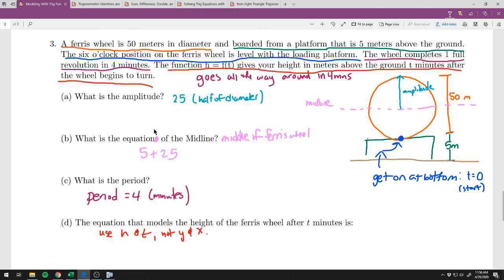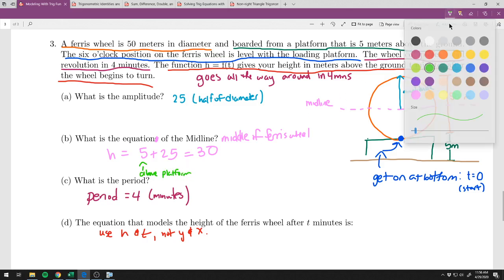They tell us to use h instead of y, so we're going to have h equals 5 plus 25, which is 30. We got to consider both parts here. We got to be above the platform, and we got to be halfway up on the Ferris wheel.